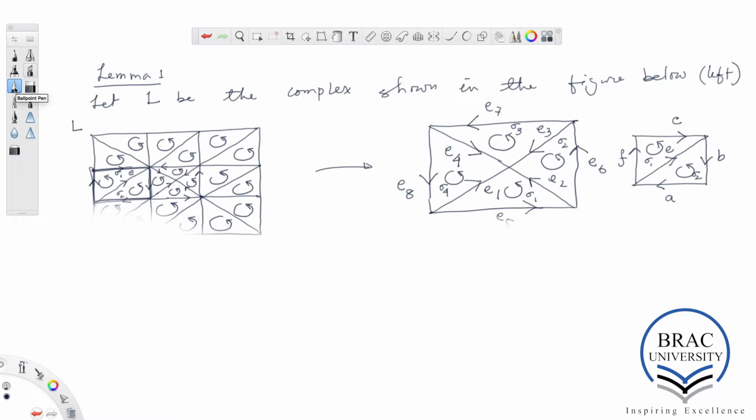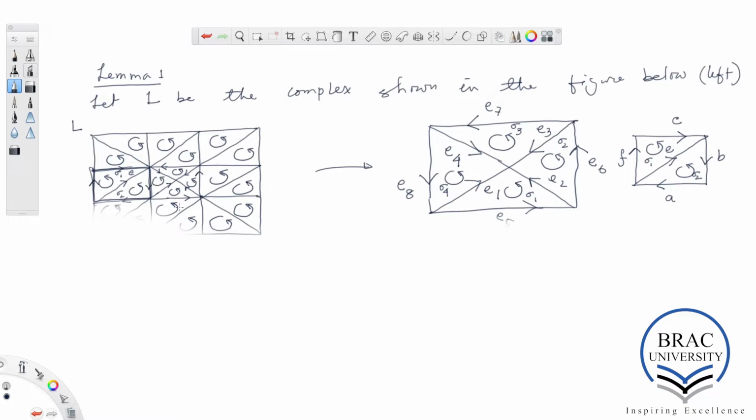Okay, so this way one can prove that the value of the 2 chain D on all the 2 simplexes sigma i's involved here are the same. Okay, so proceeding the same way one can prove that. Straightforward.